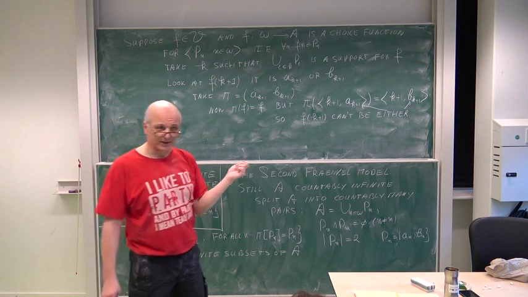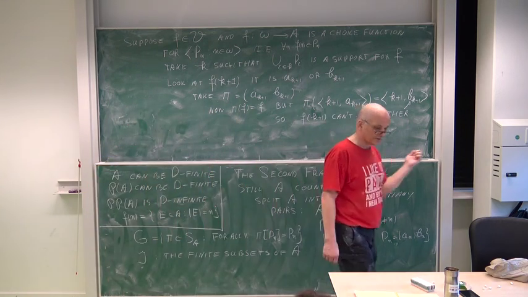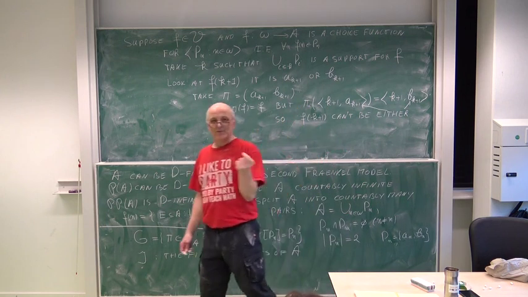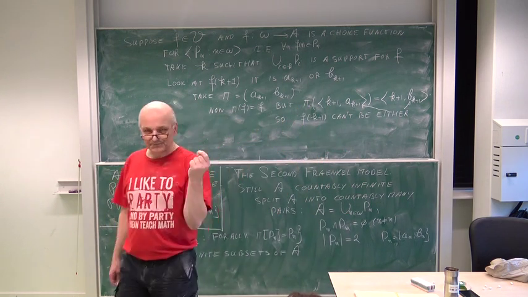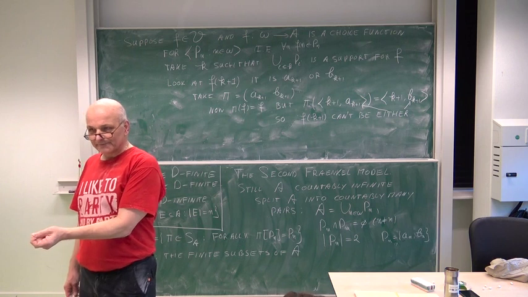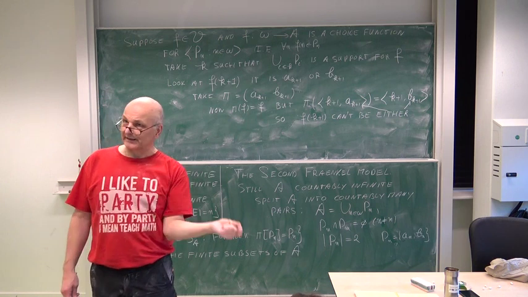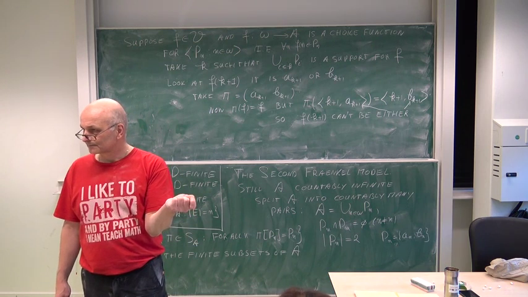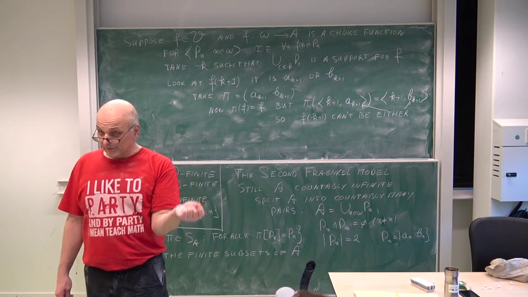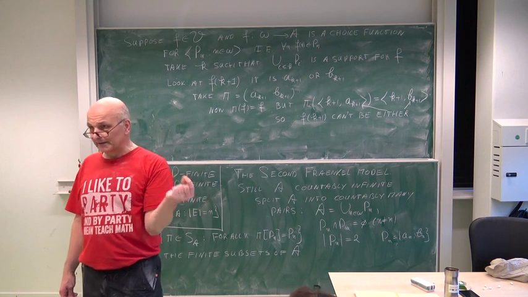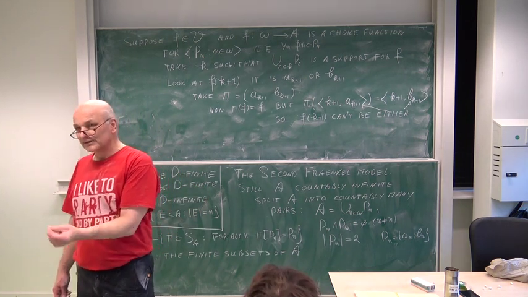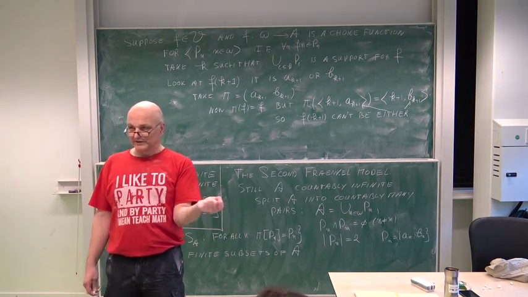And I'm not going to give that away because that's part of the homework, although it's not very difficult. So this model shows you that a Dedekind-finite set can have a Dedekind-infinite power set. Of course, if the power set is Dedekind-finite, then certainly the set is Dedekind-finite. So that implication doesn't reverse.